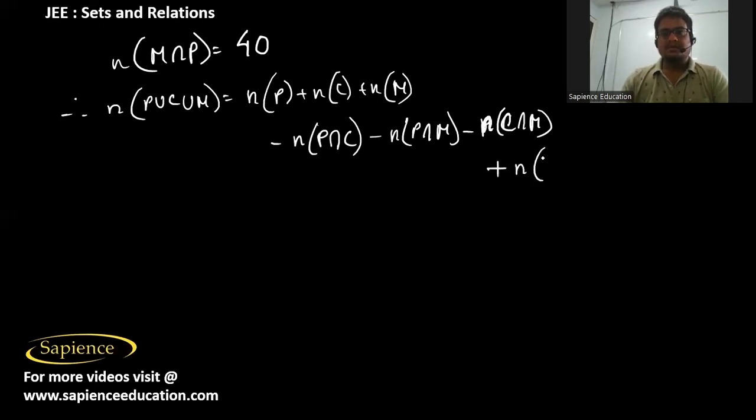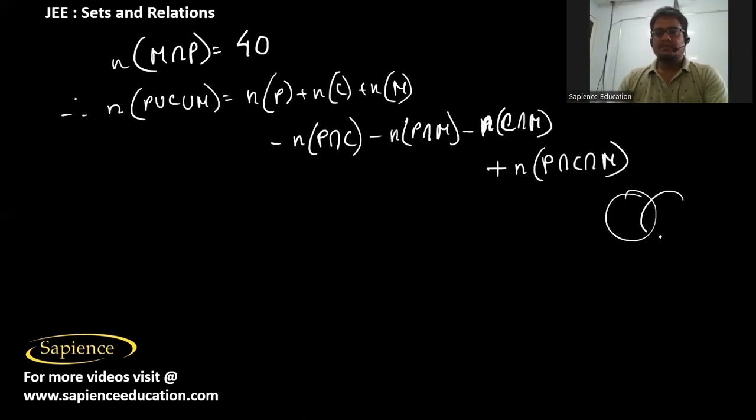then plus n of P intersection C intersection M. Why? Because we have added this common part 3 times, and when we subtract the pairwise intersections, we are also subtracting this part 3 times.